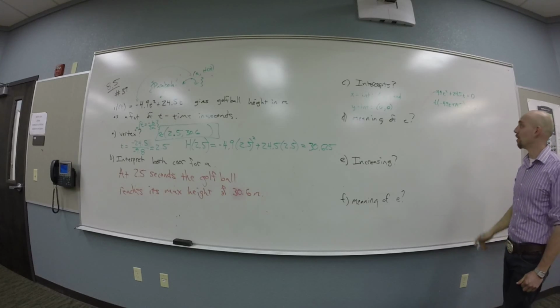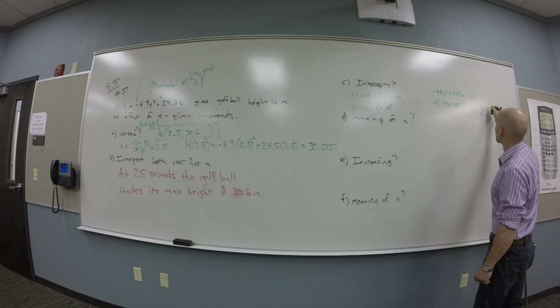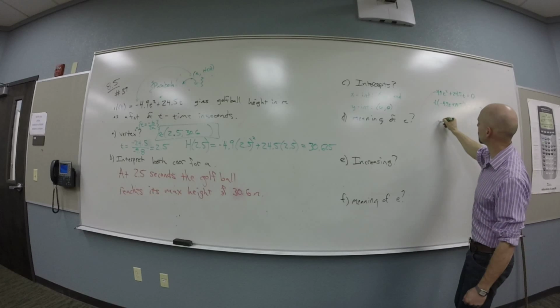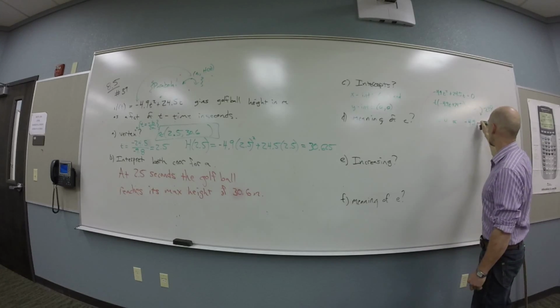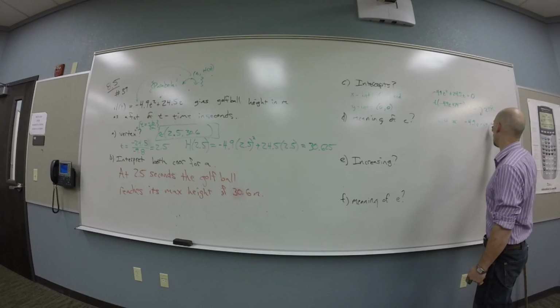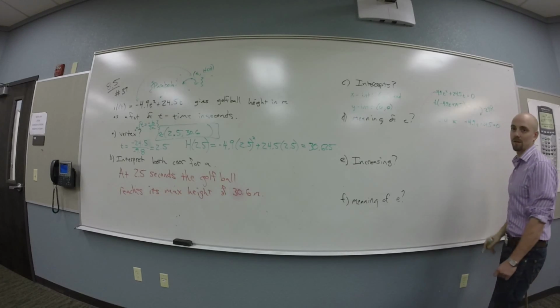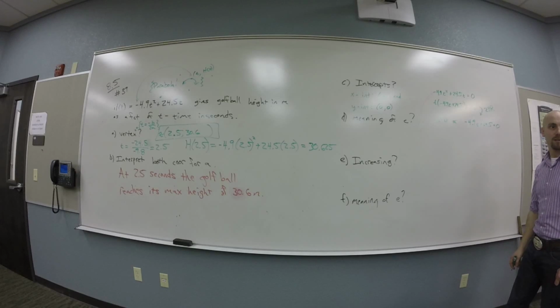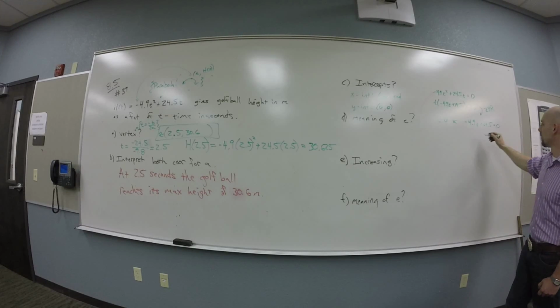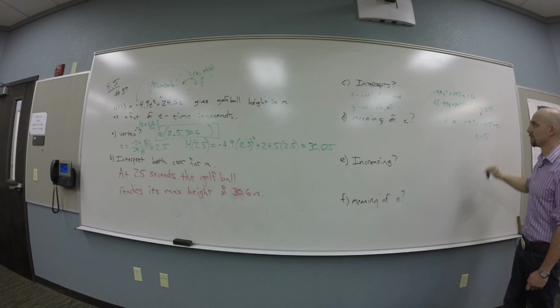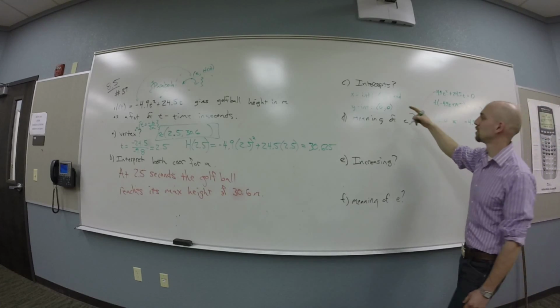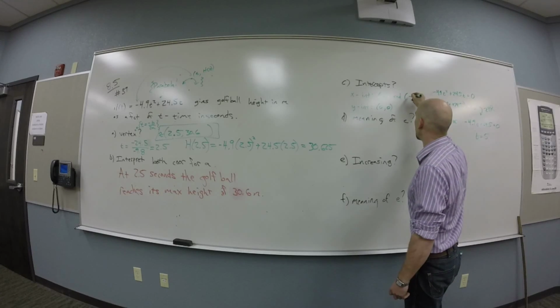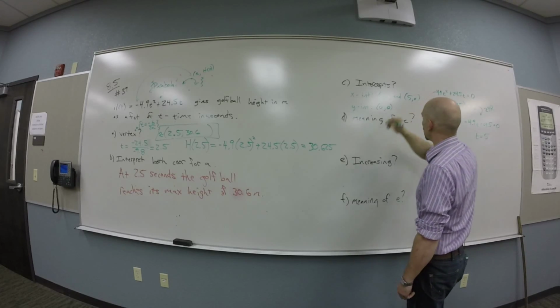And then you can apply the zero product rule. So you get t is 0 or minus 4.9 t plus 24.5 is 0. If you do a little fiddling with this, you'll get t is 5. So your x-intercepts are 0, 0 and 5, 0.